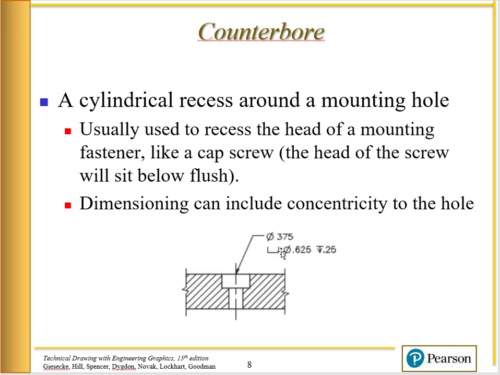This here, this U-shaped symbol, that's the counterbore symbol. And it tells me that the counterbore has a diameter of 0.625, and you'll typically put your tolerance on that feature size here. And then here's our handy depth symbol and the depth 1/4 inch. Okay, so this is how we would dimension a counterbore.